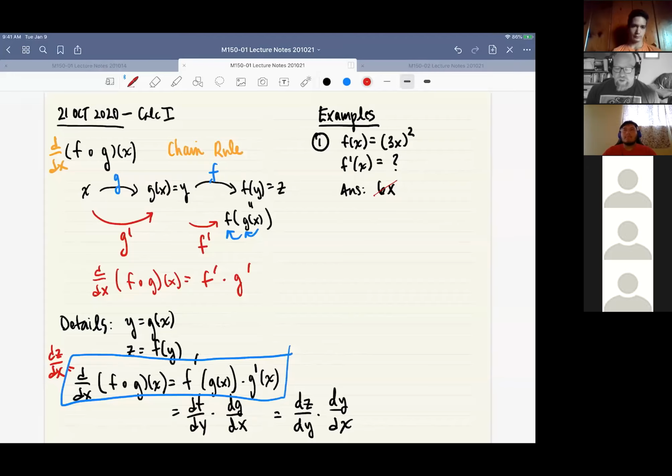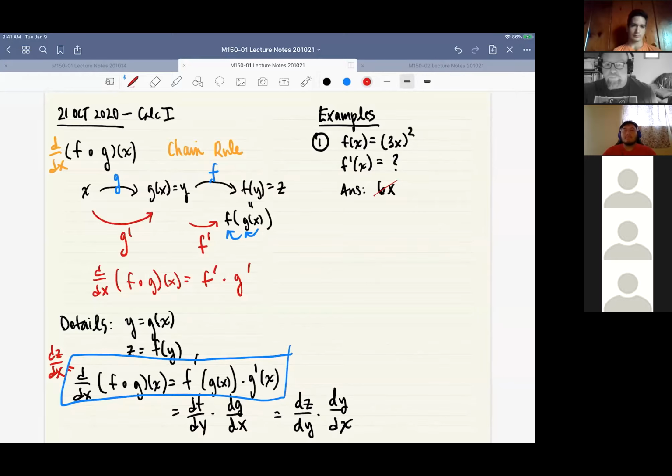So since it's 3x to the power 2, you do 3x times 3x, which would get you 9x squared. And then when you do power rule, then you get 18x. Yeah, right. That's exactly right. That's an exactly correct way to look at it.